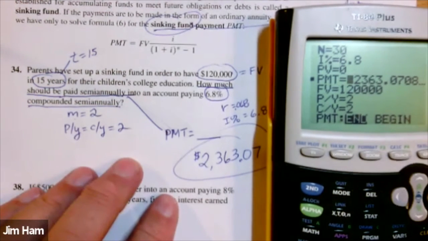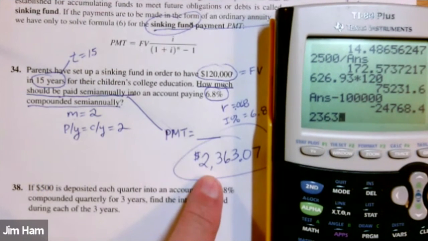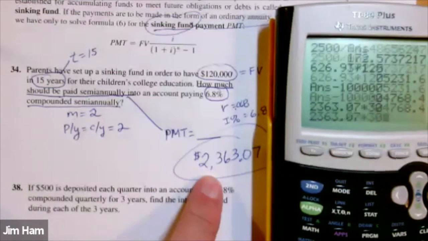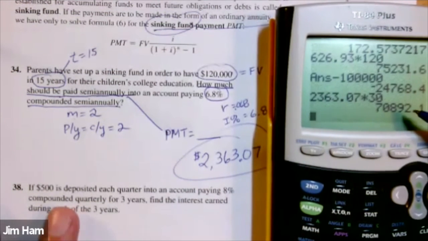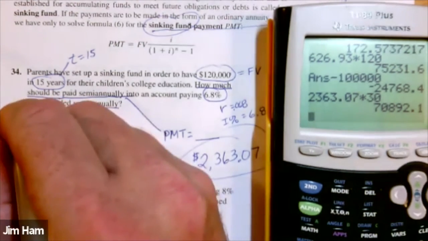All right, well, let's take a look. 2363.07. We're going to make that payment 30 times. So this is how much we invested over those 15 years. And the government makes it very easy for you to invest for your children's college education. They're called 529 plans.